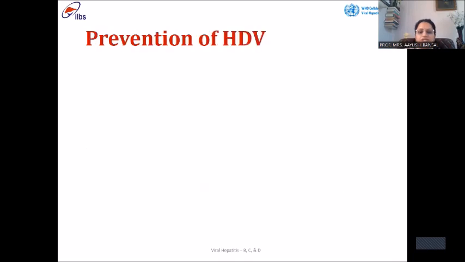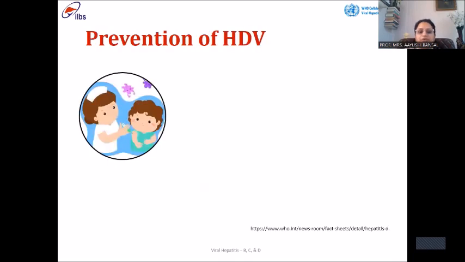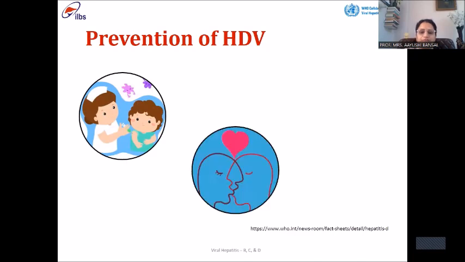Prevention of HDV. First, vaccination. Vaccine is available for hepatitis B virus, so we can avail the facility. And as healthcare professionals, we can encourage other people also in the community, in our family, our relations, our students, our parents, our spouse, for prevention of HDV through vaccination.